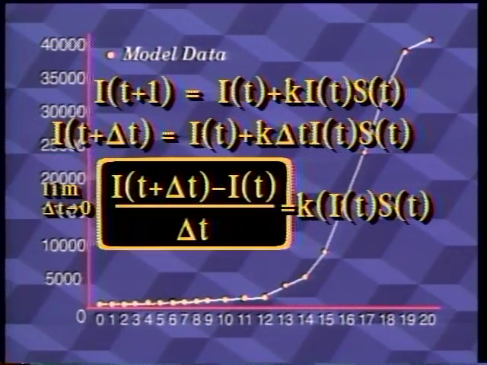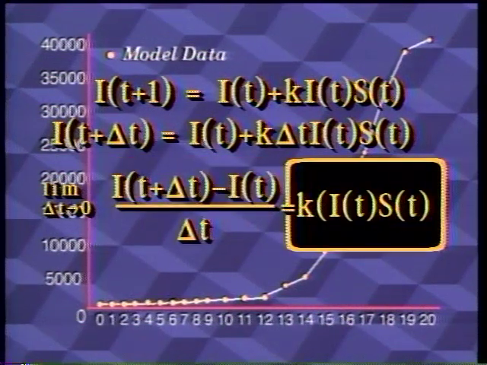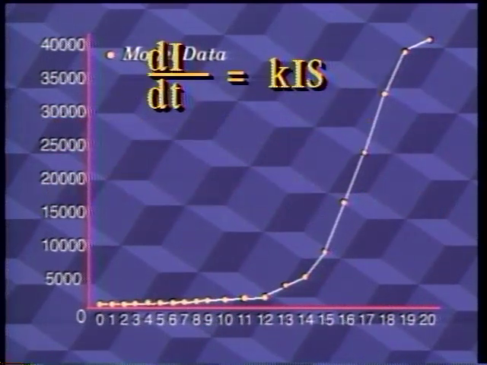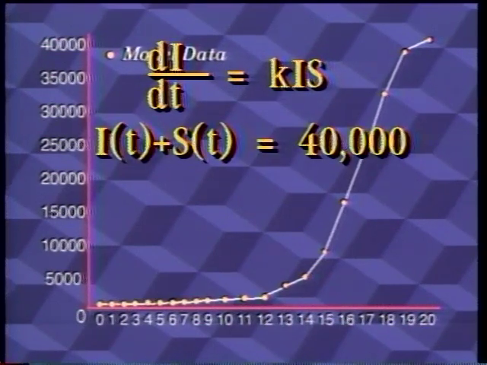The left-hand side is the derivative of I with respect to t, and the right-hand side is unaffected. So we now have dI/dt equal to the infection rate k times the number of infecteds times the number of susceptibles. As before, our population is constant, so I(t) plus S(t) equals 40,000.